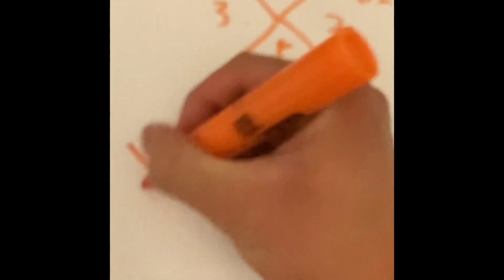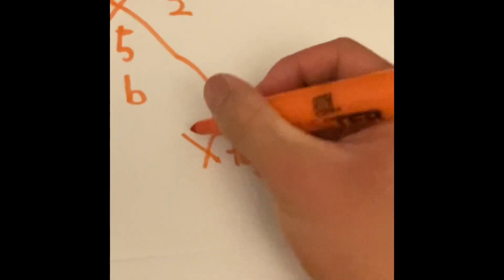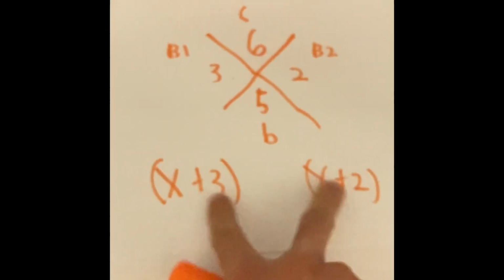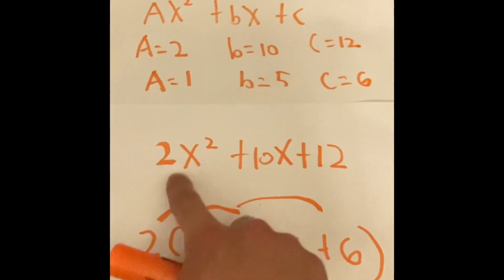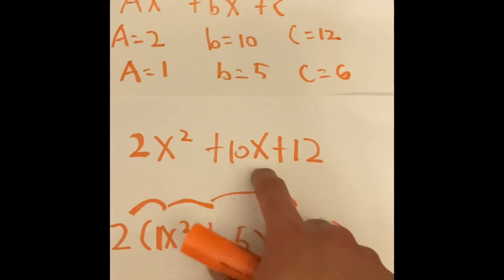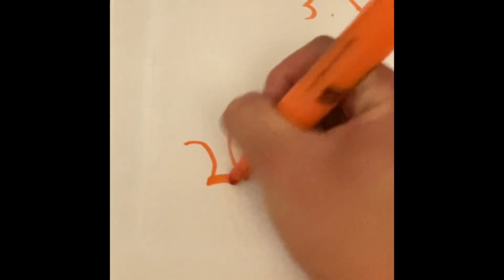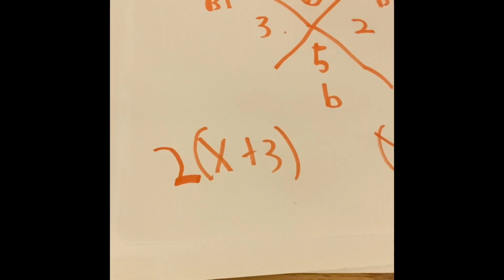So x plus 3 and x plus 2 in parentheses. Now we have to fact check them by multiplying to get it back to 2x squared plus 10x plus 12. But wait, we have to put a number 2 here because we factored out 2.